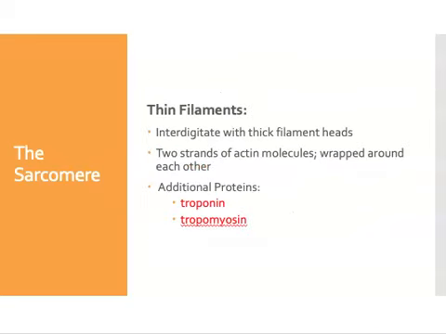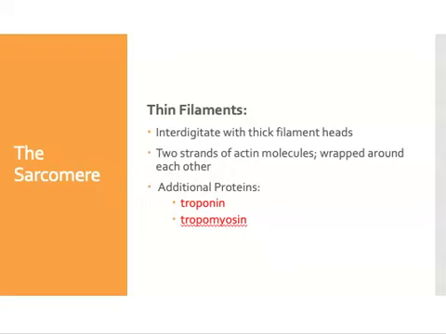Now, we said that thin filaments are made out of many copies of a protein called actin. Those actin proteins are not bundled together the way that myosin proteins are to make a thick filament. Instead, the actins are joined together into a strand, and two strands of actins are going to wrap around each other to create this structure called a thin filament.